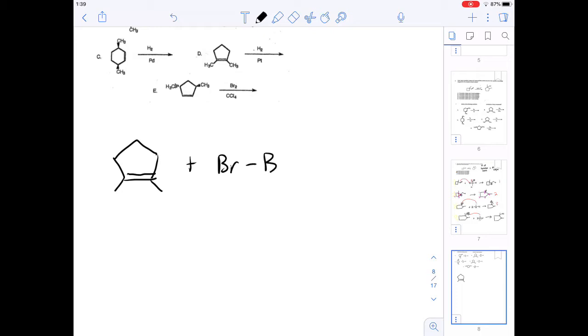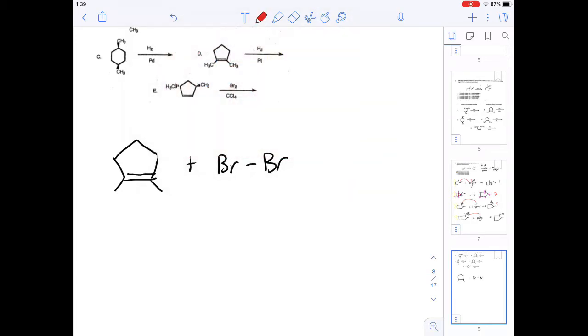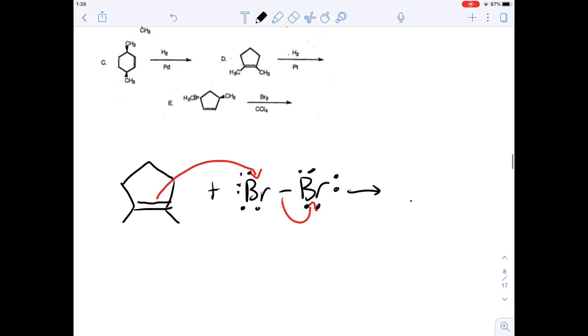Be careful not to draw them on a wedge. Okay, so first the electrons from your double bond are going to attack one of the Br's. These electrons are going to return to the other Br. And let me draw in the lone pairs. I'm not going to do this all the time because it takes way too much time. But just because this is probably, for some of you, the first time you're seeing this mech. Although it shouldn't be.